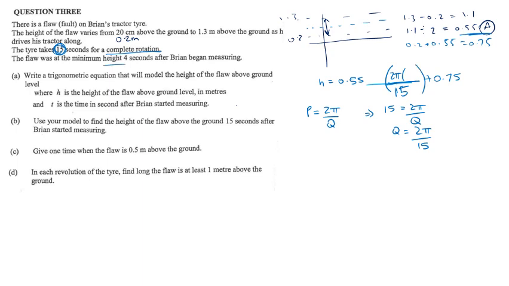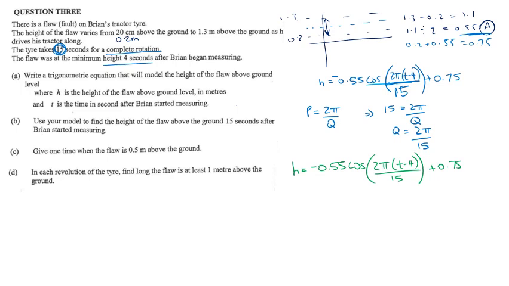Because the minimum height is 4 seconds afterwards, I need to shift that bottom point to the right 4 places. For a bottom point, I can just make it a cos graph, and it's negative. So I'll rewrite this properly so you can see it a bit better. h is negative 0.55 cosine of 2 pi (t minus 4) all over 15, plus 0.75.